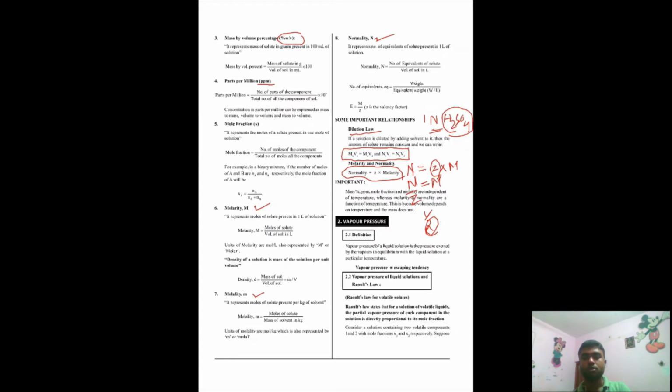Now we are going to deal with vapor pressure. Vapor pressure is an important concept to understand. Basically, the idea is that liquids stay in equilibrium with their gaseous state, that is the vapor, and the pressure exerted by that vapor on the liquid or on the surface of the container is called vapor pressure. The basic idea is that.